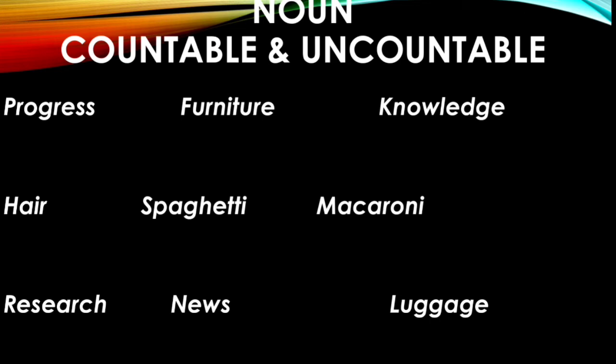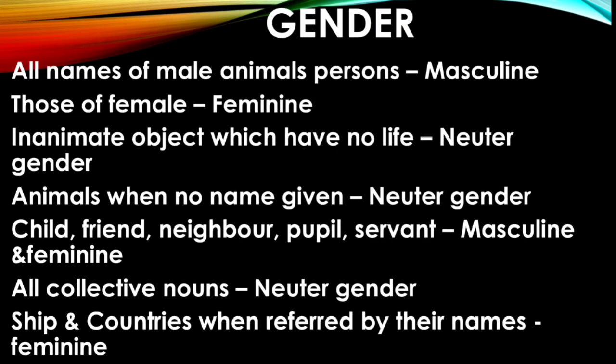Those words are progress, furniture, knowledge, hair, spaghetti, macaroni, research, news, luggage. We cannot use luggages or furnitures because it is uncountable. It is the way it is made. It is like this. So that is it.